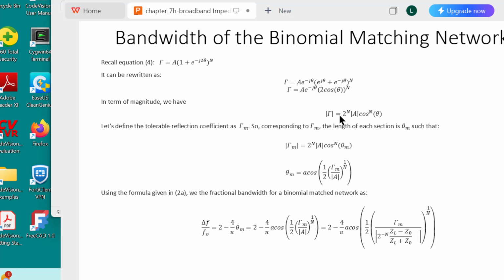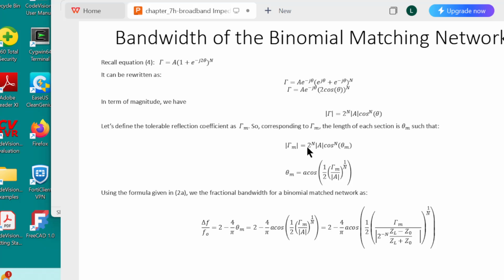And let's define the total reflection coefficient, I mean the maximum total reflection coefficient, gamma m. And then we just do some calculation. For example, this one we replace the theta by theta of m, and then gamma by gamma of m.